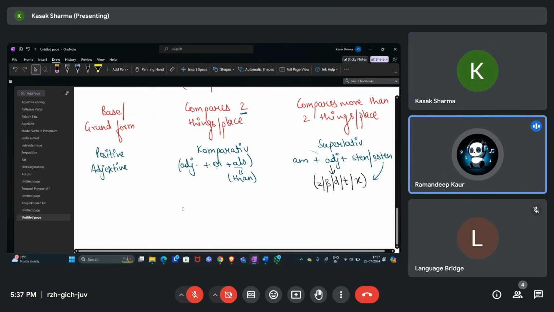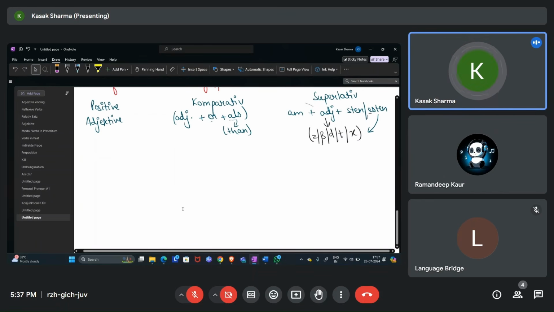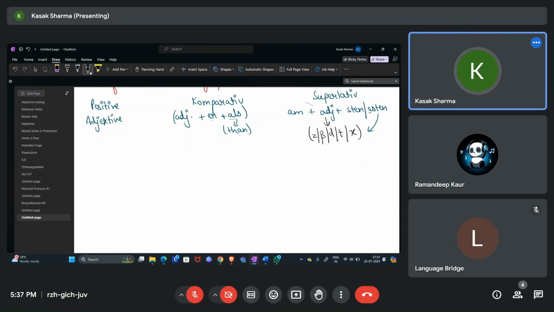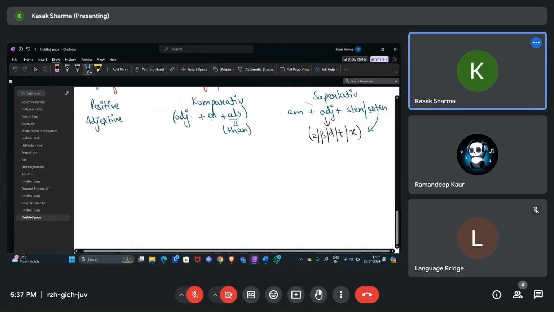So now coming to the examples. For example, I have first schnell. Schnell means fast. To form the comparative, I will just take my adjective schnell, add an -er ending and then als, and it means faster than.